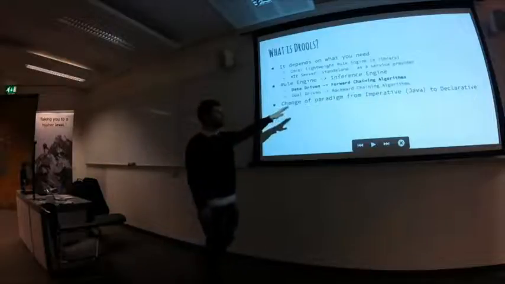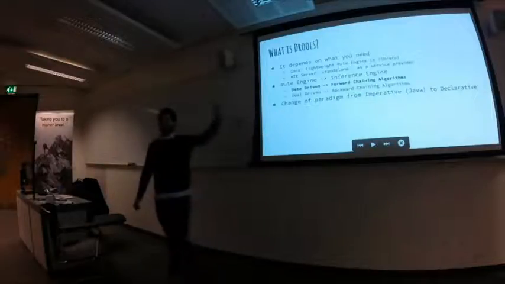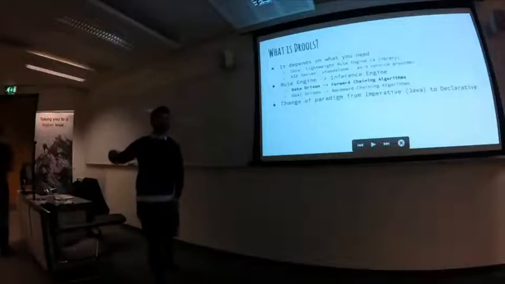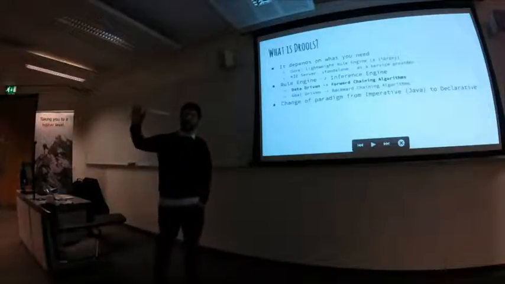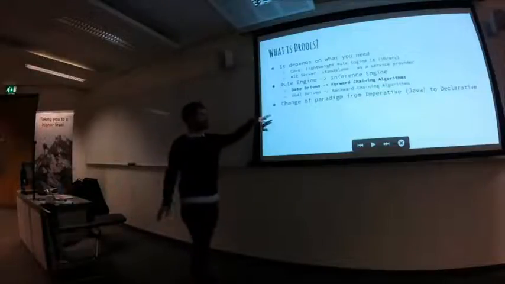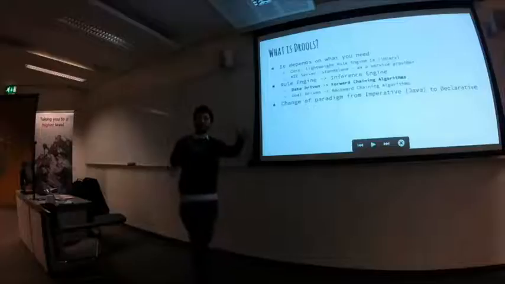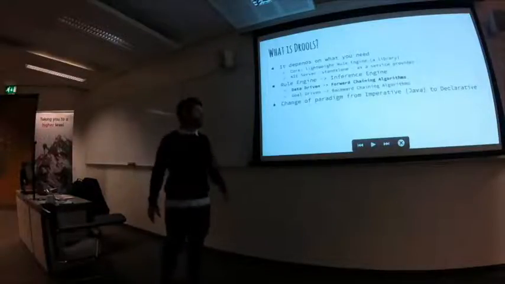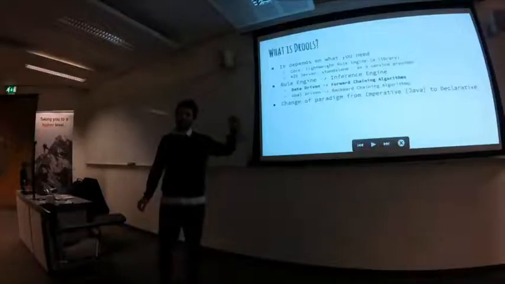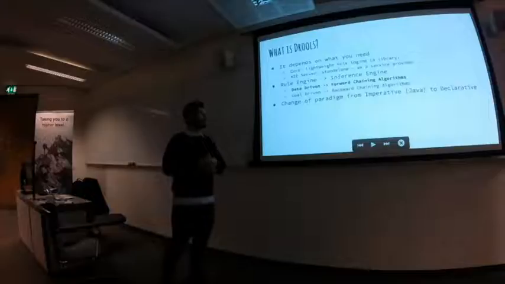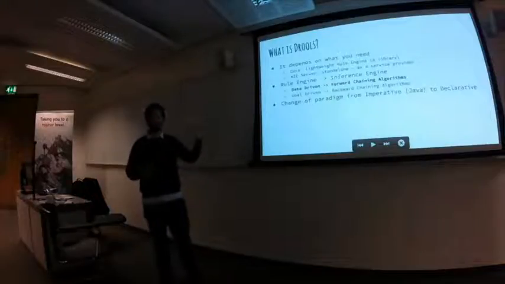When we are writing in Java, you write one line after the other, a sequence of lines that needs to be executed, and you know for sure that the sequence will be executed. When you are in a declarative environment, you put your rules out there, which tell you in this situation you should do this, but you never say you want to execute a given rule at a given time. The rule engine is in charge of defining when each rule will be executed.